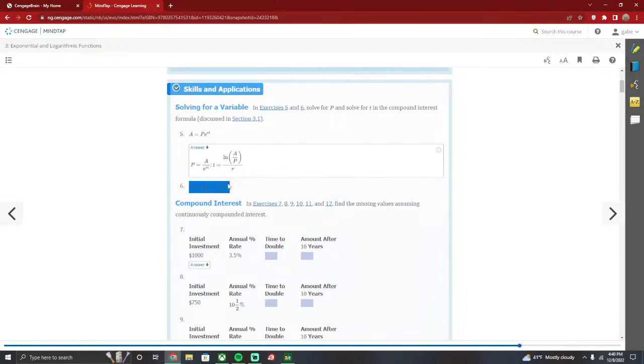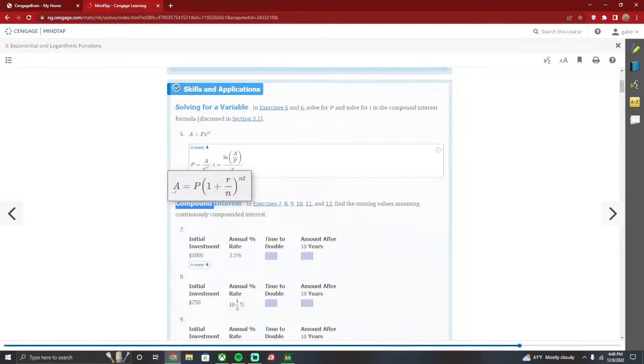Now let's do this compound interest one. Alright, solving this for P is going to be interesting. You will need to divide both sides by this whole shebang. Let's call this entire part of the equation Q, Q to the NT, and then divide A by that.